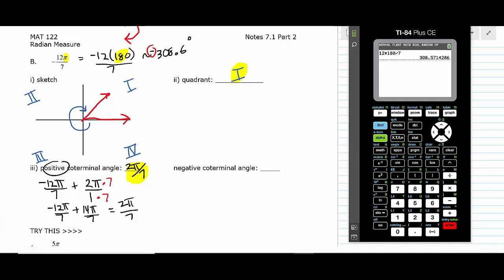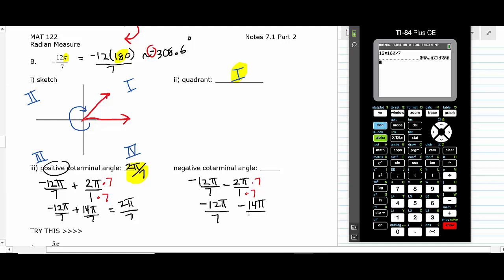It's faster that way. And then a negative coterminal angle. What are we going to do? Yeah, you're going to subtract 2 pi. That'll give you another negative number. So get a common denominator. That's going to give negative 12 pi over 7 minus 14 pi over 7.